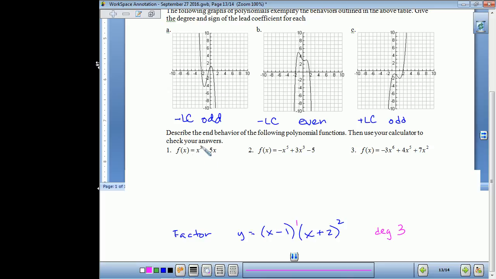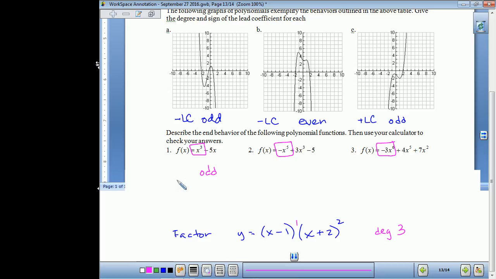So when they're in standard form, you just take the term that has the largest degree. And that's all you're looking at, just the term. So do you see the difference? No multiplying, just pick the biggest. Multiplying, add them up. So the degree of this function is 3. So it is odd, which tells us the ends are going opposite ways.